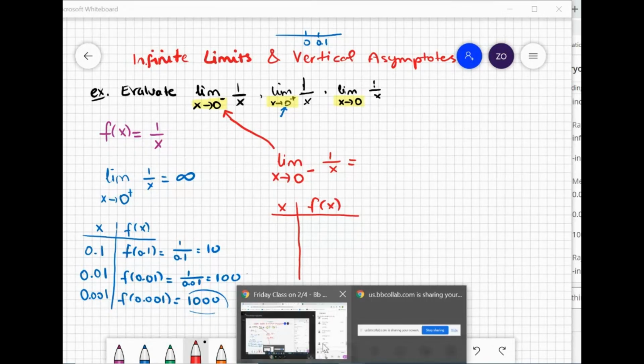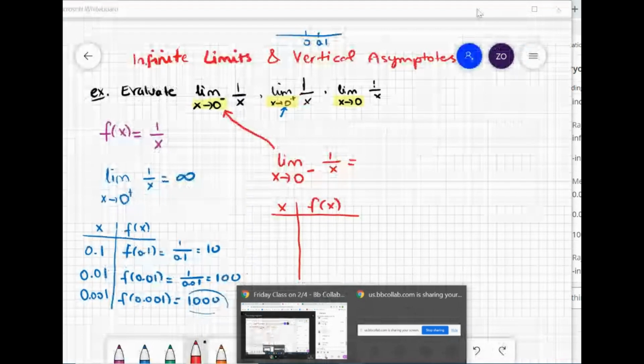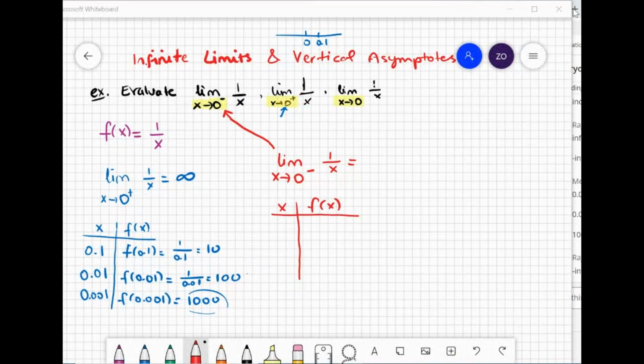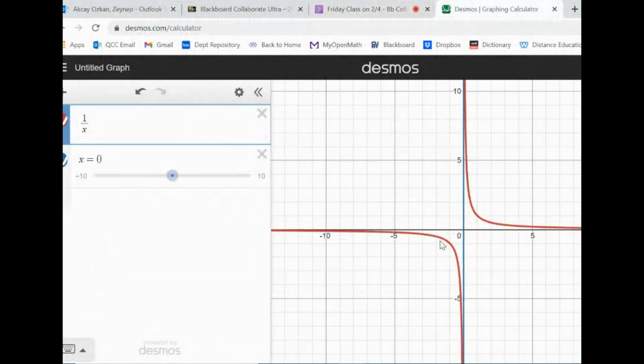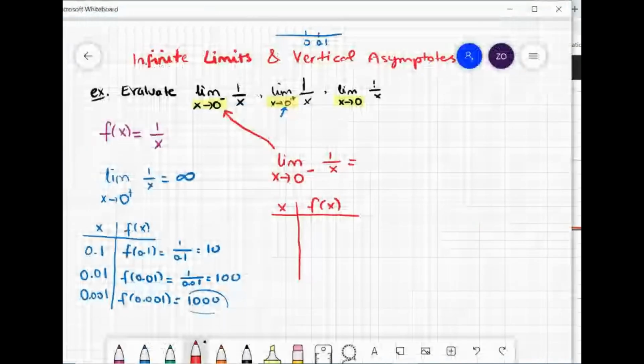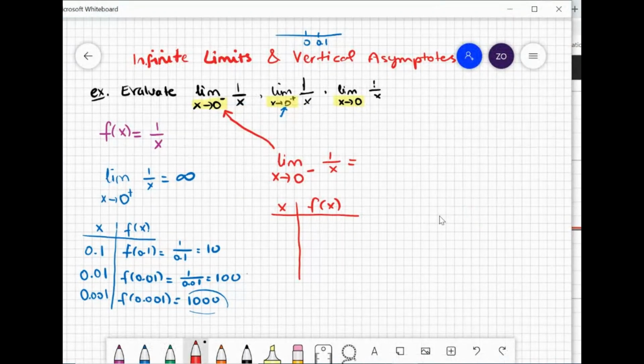Okay, negative infinity, that's correct. If you check the graph, you will see that when you get closer to 0 from negative numbers, from numbers to the left of 0, the function values go to negative infinity.